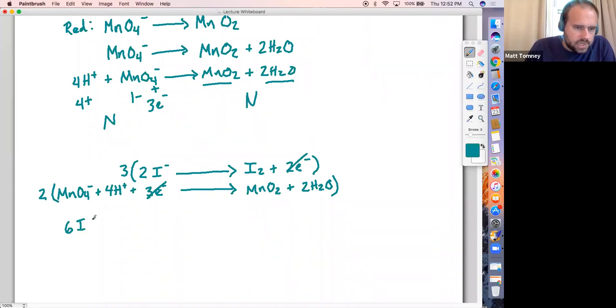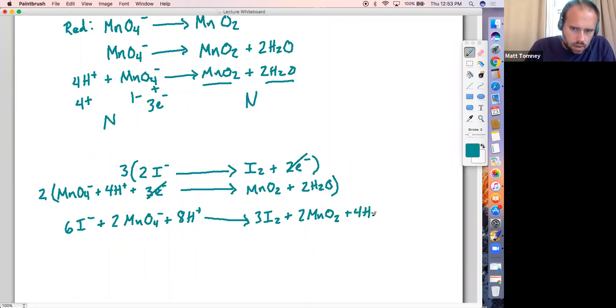All right, so it's going to be 6 I minus plus 2 of the permanganate ion, right, plus 8 acidic protons, okay, electrons drop out, is going to yield 3 of the molecular iodine plus 2 of the manganese oxide plus 4 molecules of water.